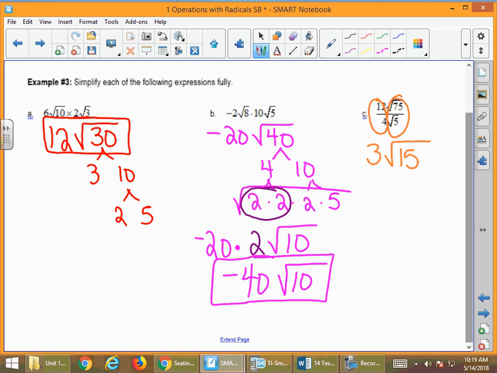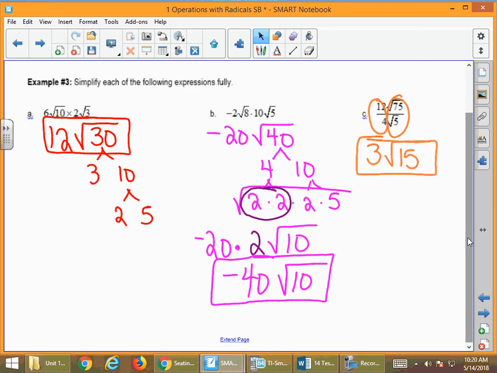And like problem A, the square root of 15 can't be broken down. It's 3 times 5. We don't have 2 of the same to take out 1. What this eliminated is simplifying the square root of 75 first and then doing division. So one more time, I recommend divide first and then do any simplification that you need.